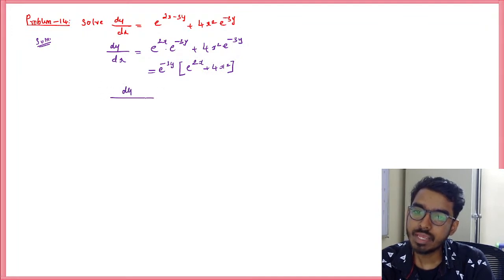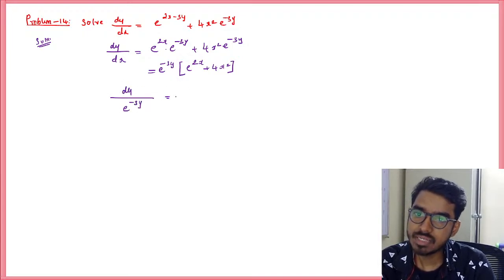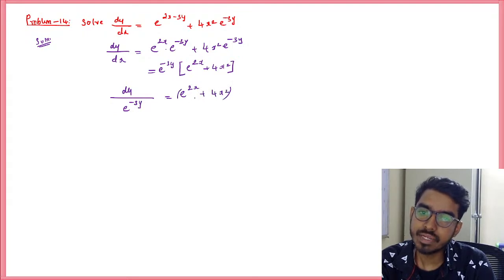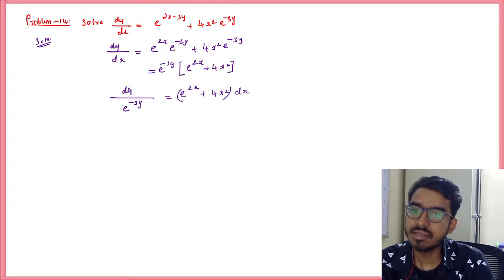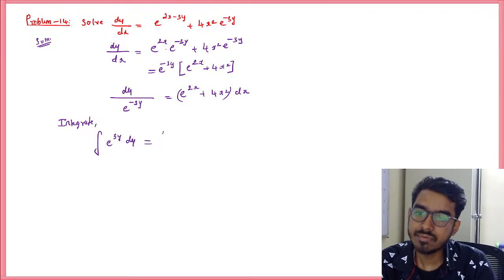We have dy divided by e power minus 3y is equal to e power 2x plus 4x square dx, right? So we'll integrate this. Integration of e power 3y dy is equal to integration of e power 2x plus 4x square dx.